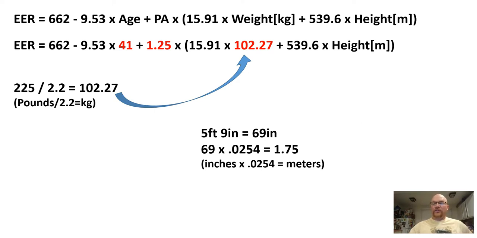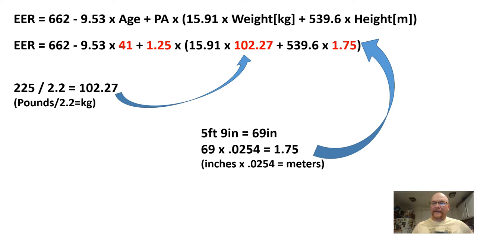But you take your inches and multiply it by 0.0254, and in my case that gives me 1.75 meters tall. So we're going to go ahead and plug that in there, and there we have our completed equation with my age, my physical activity, my weight, and my height in metric units.